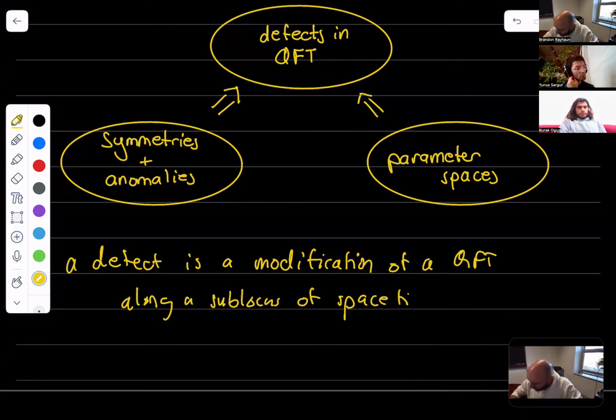The most common examples of defects that one encounters, for example, in quantum field theory courses, are just local operators. These are modifications of a quantum field theory at a particular point in spacetime. But nothing stops us from considering extended objects as well, such as line defects or surface defects or membranes. And in fact, they do furnish interesting probes of the physics.